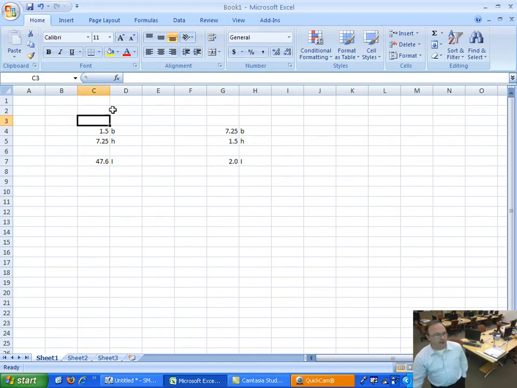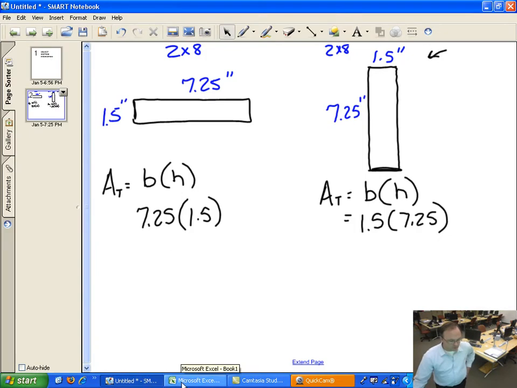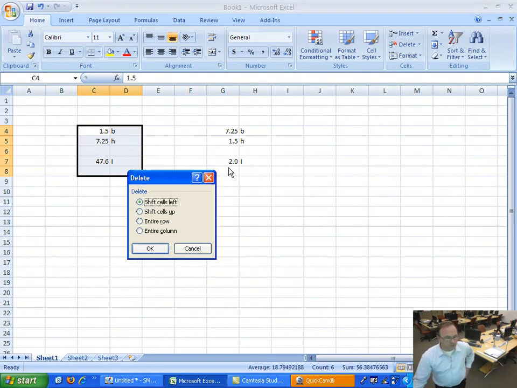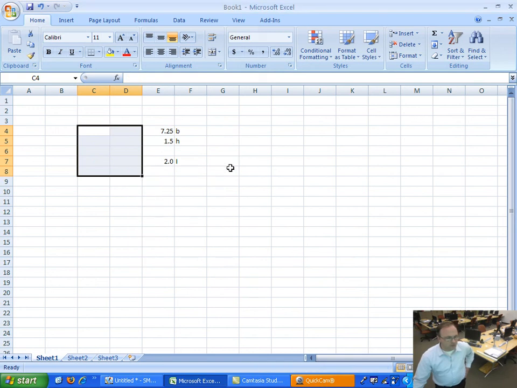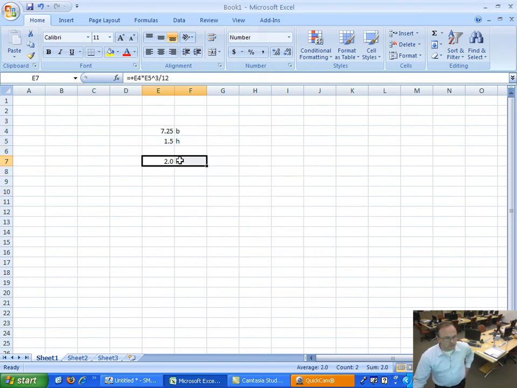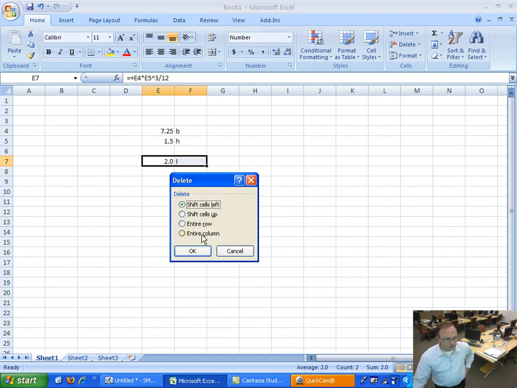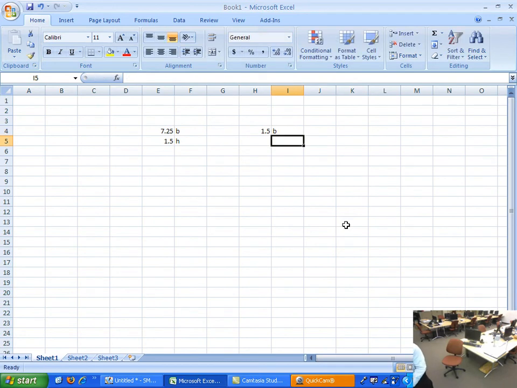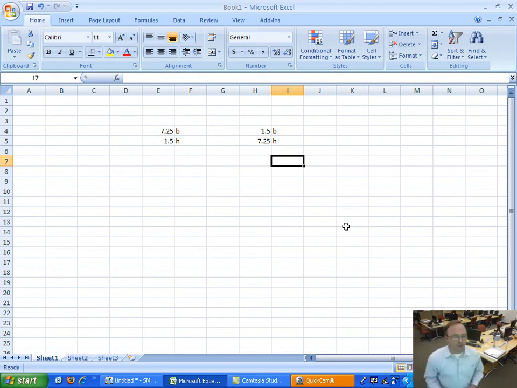So I have case 1 over here, and over here I'm going to have case 2, which is 1.5 for my base and 7.25 for my height.